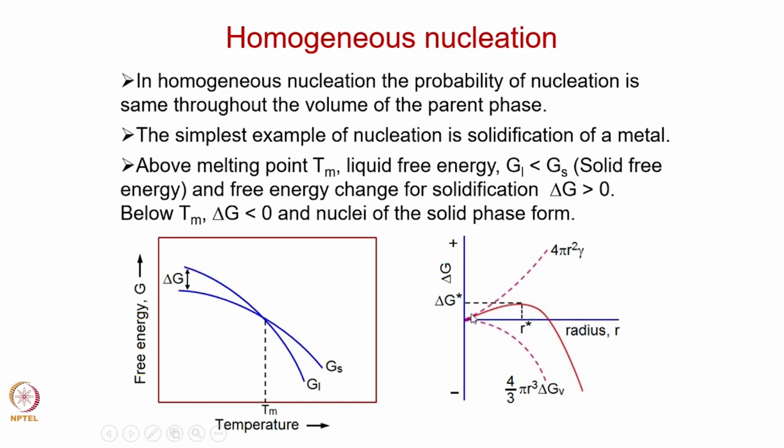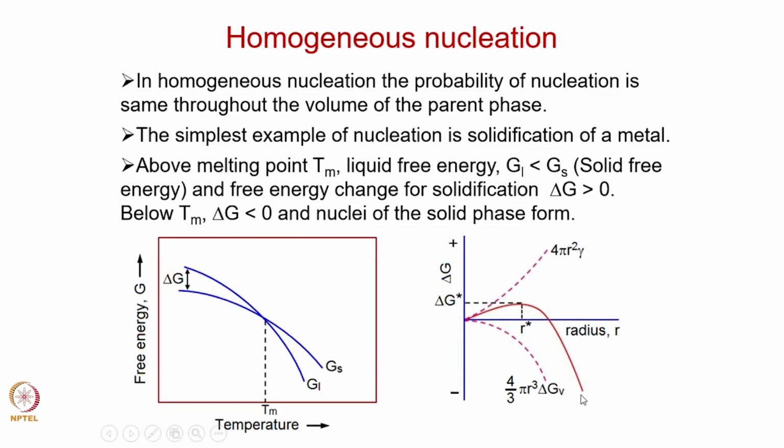That is shown over here in this diagram. The part that you see on the upper side is the surface energy contribution, and on the lower side you have the volume free energy contribution to this delta G. And delta G_V is the specific volume energy change, that is, free energy change per unit volume.